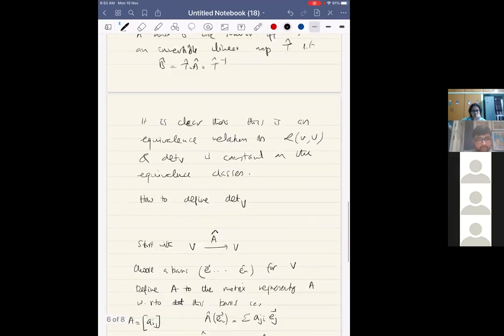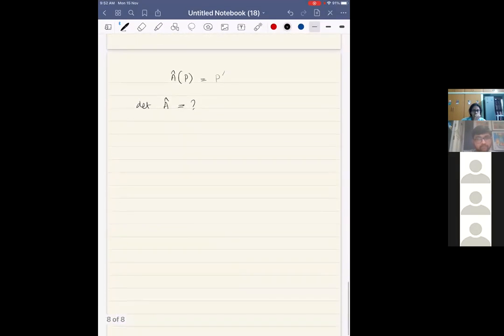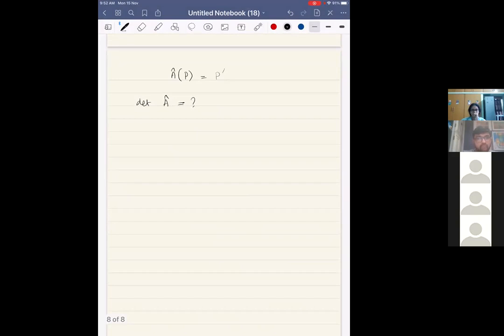So note A hat is not injective, since A hat of the constant polynomial is 0 for all A0. Any constant polynomial, because if I take the derivative of a constant polynomial, it's 0.